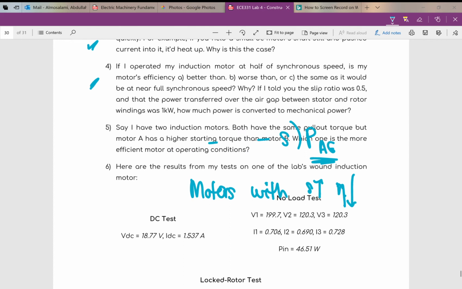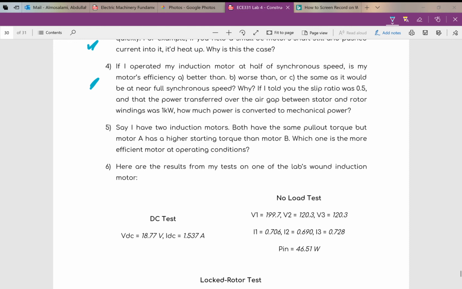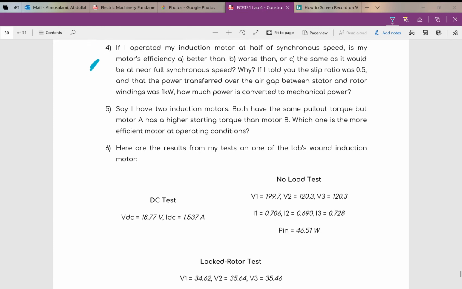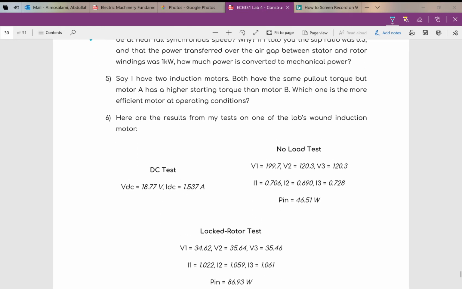Okay, so if the slip ratio is 0.5, then it's operating at a speed that is half of synchronous speed, which means it's going to be less efficient than if it were operating at synchronous speed. Okay, and also just from that equation I wrote down, you can answer this question, which says that if the power transferred over the air gap, P air gap, was 1 kilowatt and your slip ratio was 0.5, then how much power is being converted to mechanical power? Well, clearly it's just 0.5 times 1 kilowatt. Okay, so you can answer that for yourself.